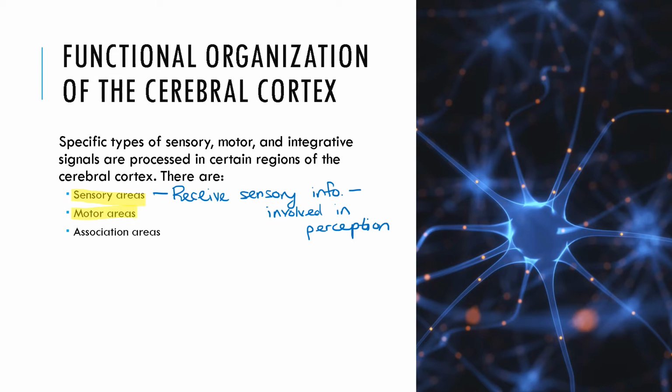Motor areas are going to be areas that control the execution of voluntary movements. And then we have association areas. And these deal with more complex integrative functions.